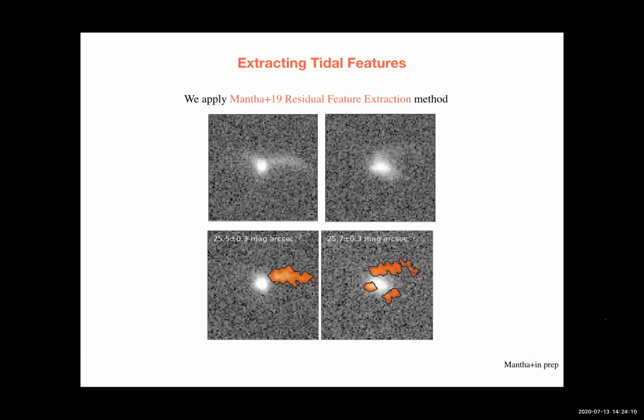So we just started to do this analysis, and we revamped our feature extraction to work with the Horizon-AGN dataset. And in this example, I'm showing the feature extraction for a couple of snapshots for the post mergers in the Horizon-AGN simulation. And we can quantify the surface brightness of it.